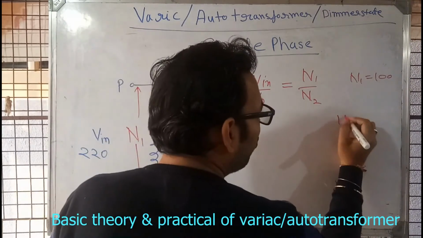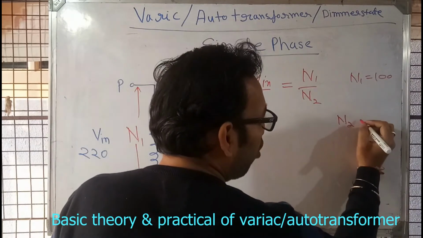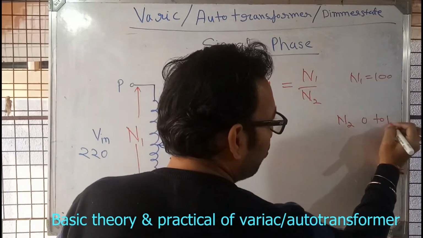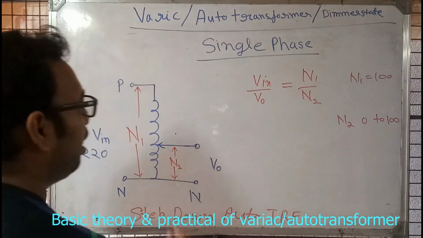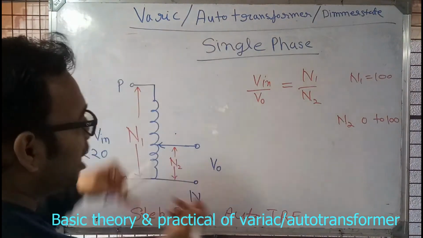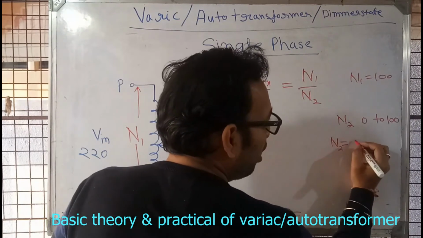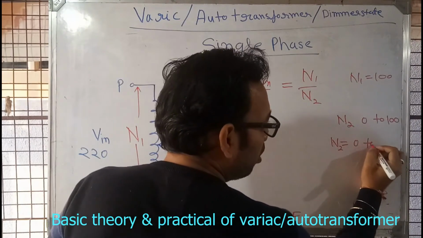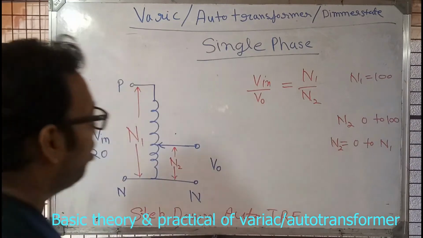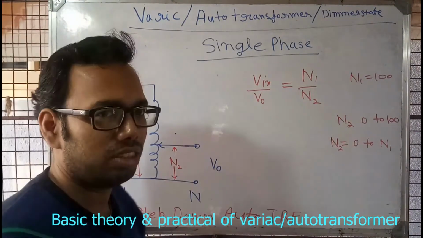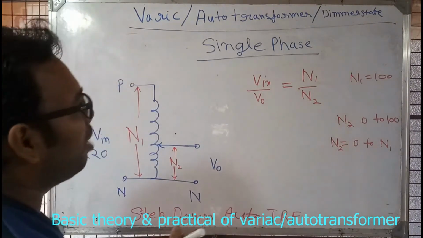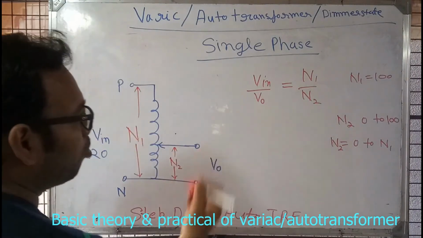So N2 is the variable terminal. It is varying from 0 to maximum, it will go to 100 only, because this is my total terminal. So N2 is varying from 0 to N1, whatever the N1 terminal is. So we'll calculate how much output voltage is coming.